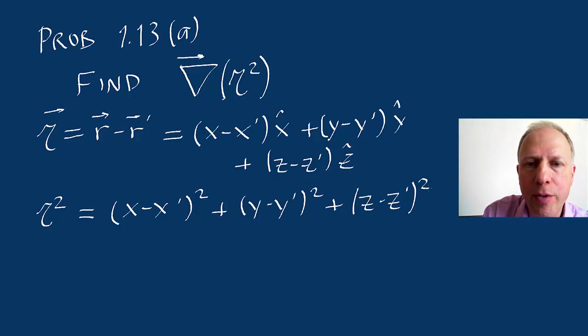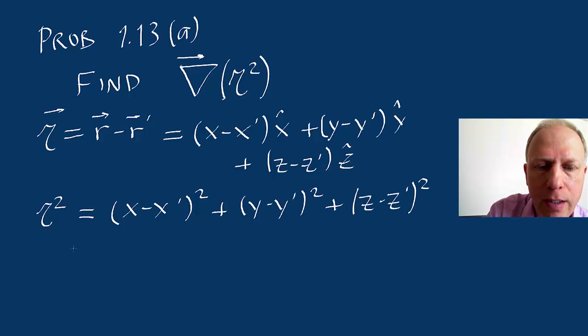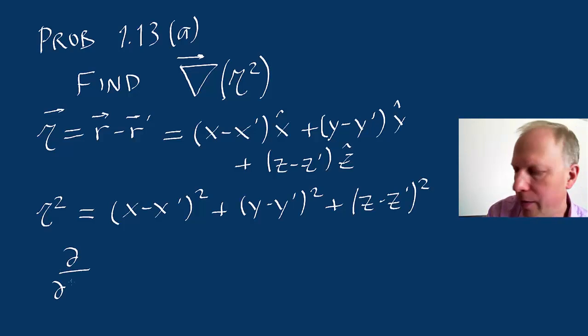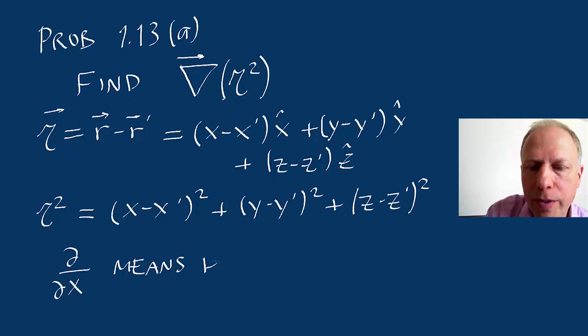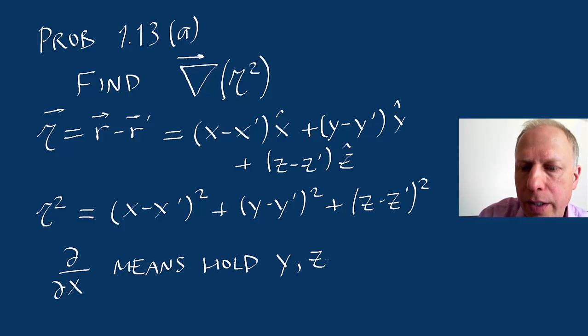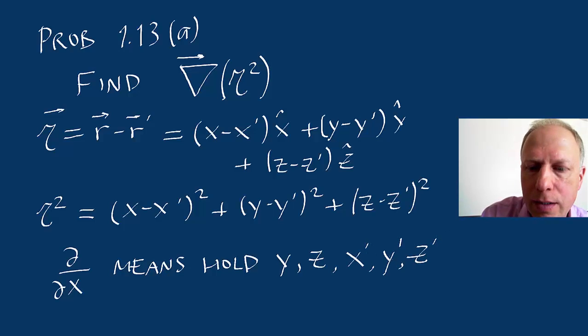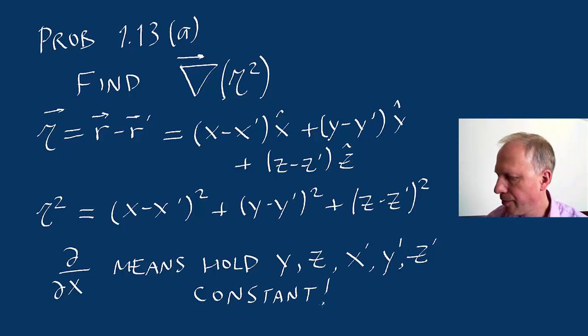In the gradient, I'm going to be doing partial derivatives with respect to x, y, and z. The partial derivative with respect to x means, of course, we need to hold y and z constant, but we also need to hold x prime, y prime, and z prime constant when we evaluate the derivative.